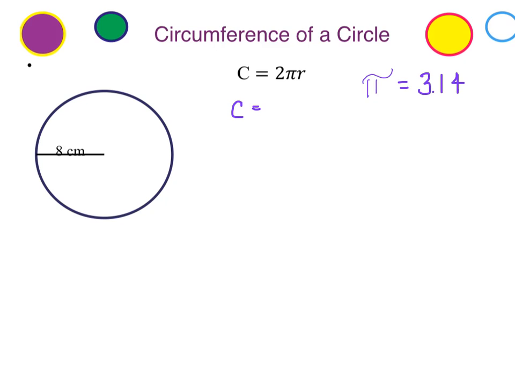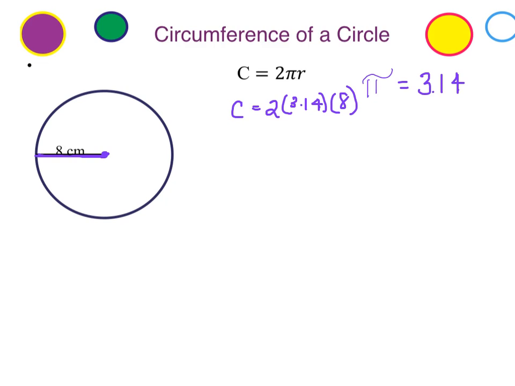So in order to find the circumference of this first circle, I would do 2 times 3.14, which is pi, times r. Right here, I am given a radius. Remember, the radius starts at the center of a circle and goes to the outside. So my radius is 8, so I'm going to plug in 8 for r.